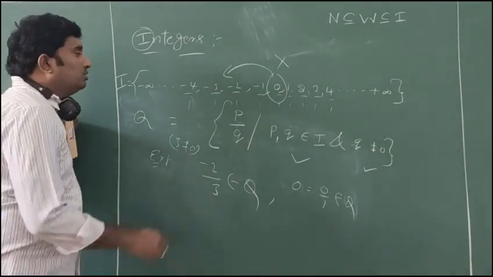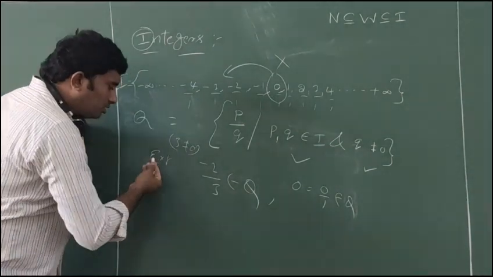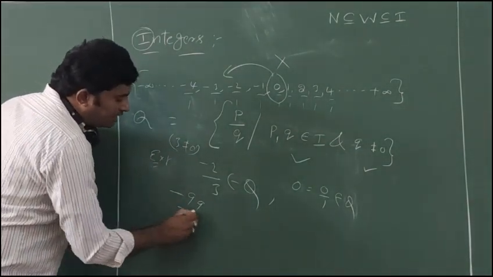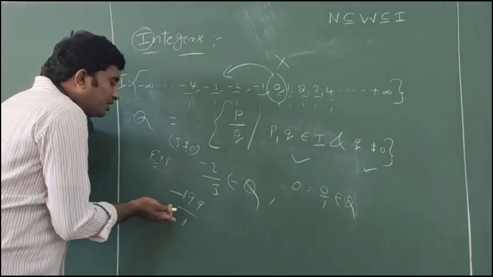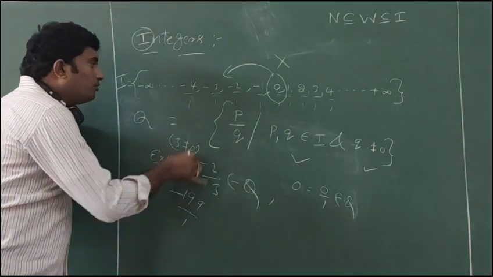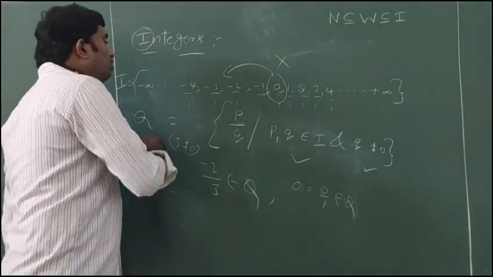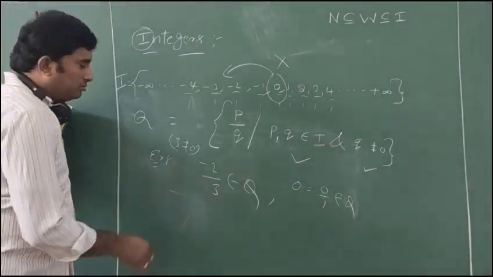Try to understand. Every integer is a rational number because you take any integer, for example -99. -99 can be written as -99 by 1. You take 199; 199 can be written as 199 by 1. But not every rational number is an integer. For example, take -2 by 3.